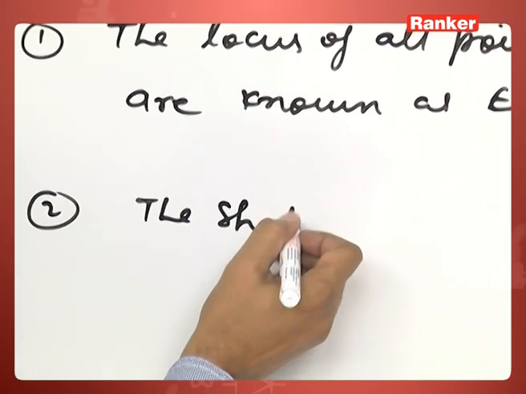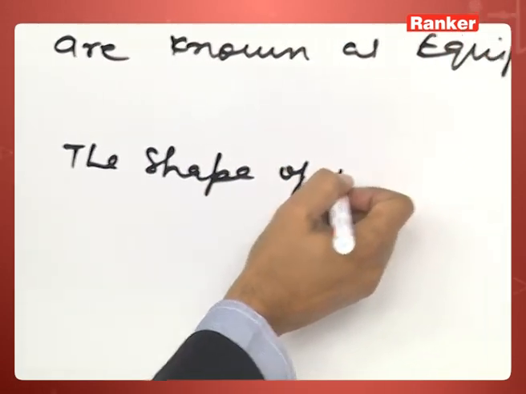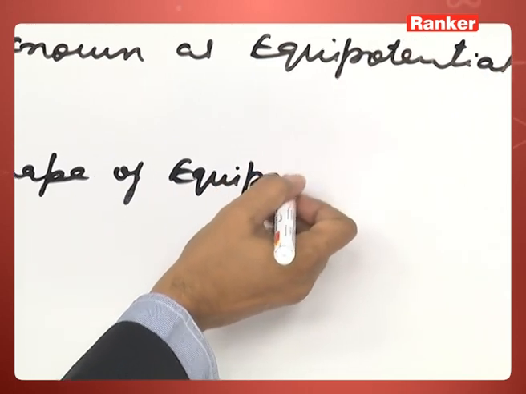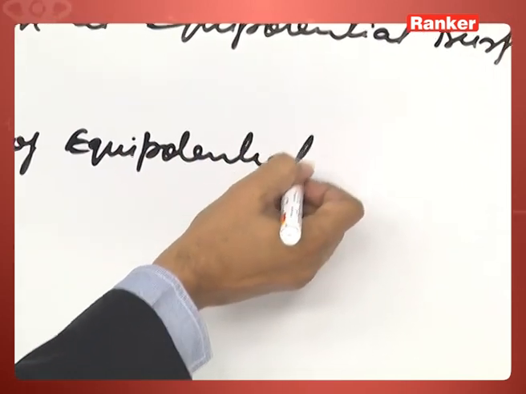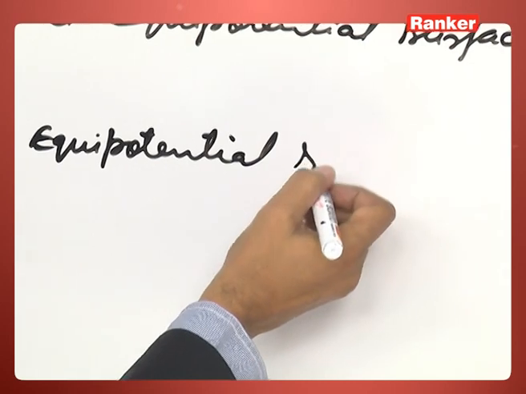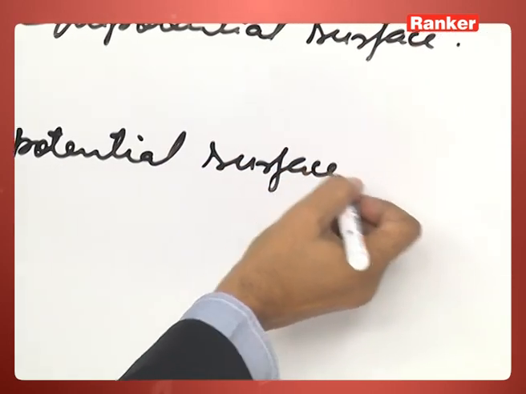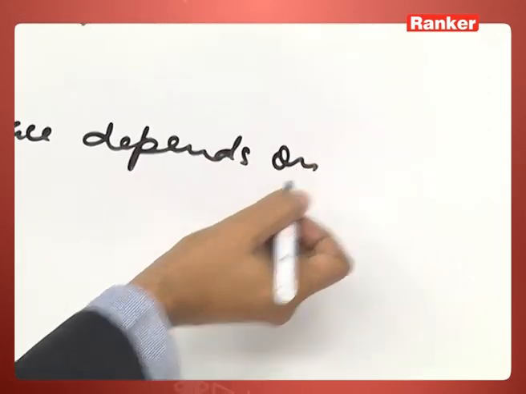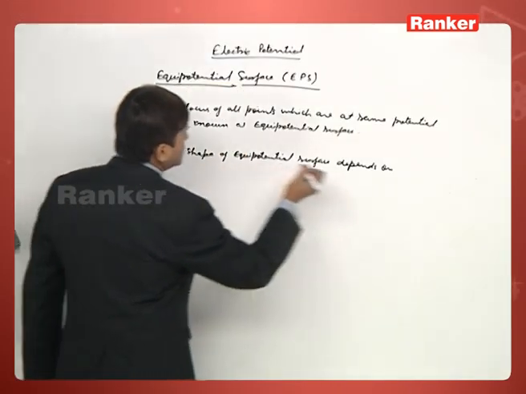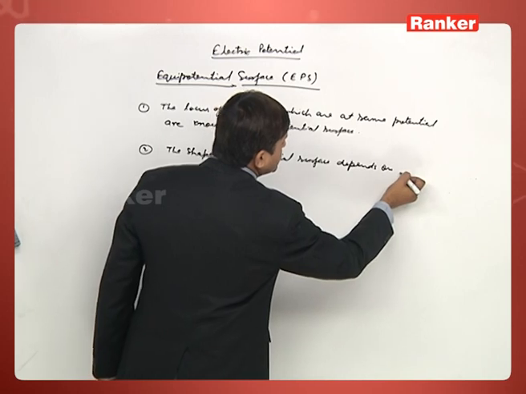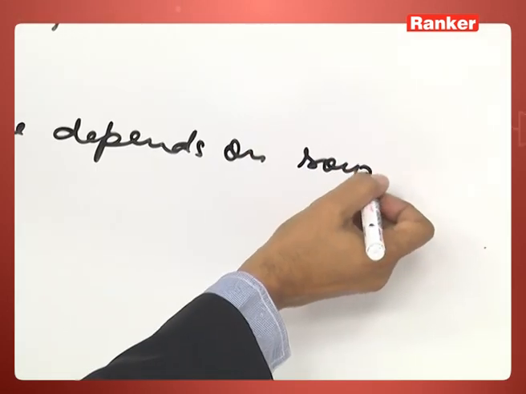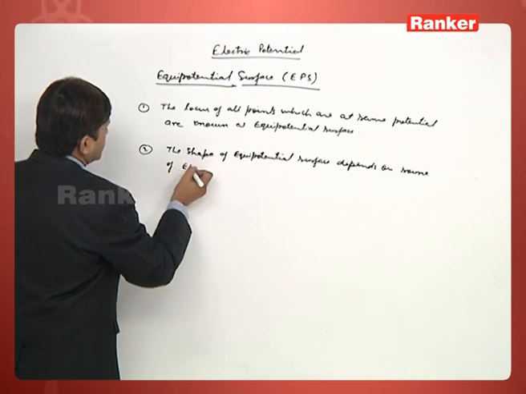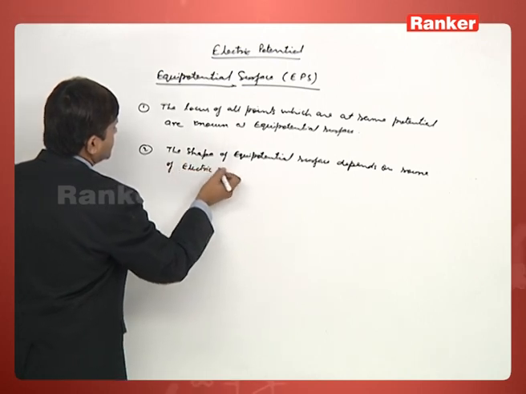The shape of equipotential surfaces depends on the source of the electric field.